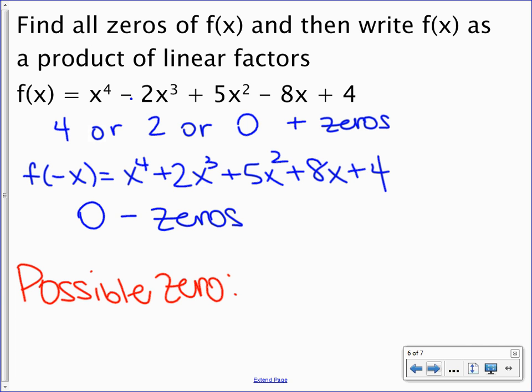So, rational zeros test. Let's list our possible zeros. Factors of the constant term would be 1, 2, and 4. Factors of our leading coefficients. Okay, so I'm going to leave it like this. We only have 3 zeros to try, don't we? Because we're not going to try the negative ones.